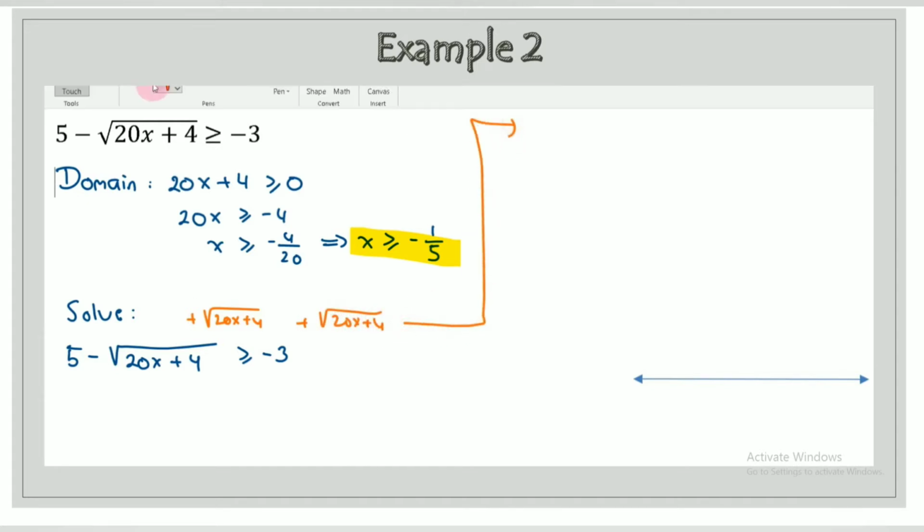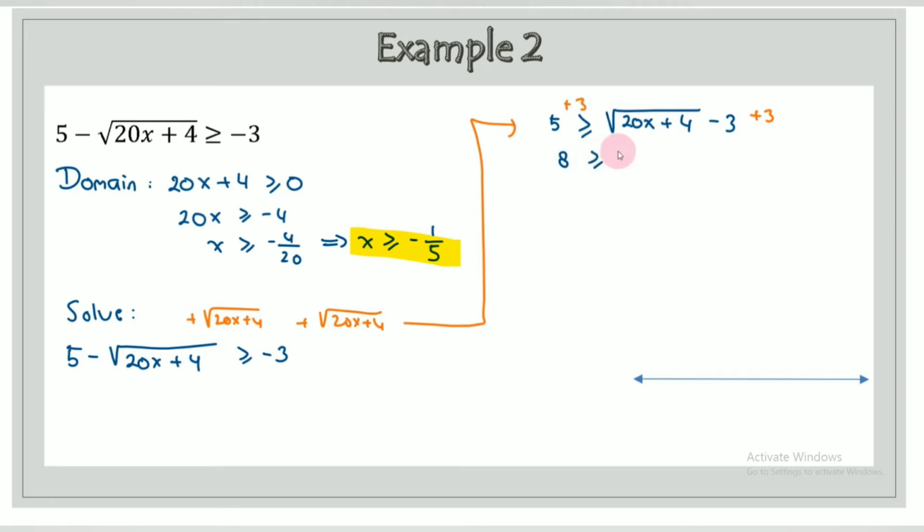I will go to this area so we can have more space here. So it becomes 5 is greater than or equal to square root of 20x plus 4 minus 3. You can see that the coefficient of the square root is positive, so it's good. Let's add 3 to both sides because we need to isolate the radical. So it is 8 is greater than or equal to square root of 20x plus 4.